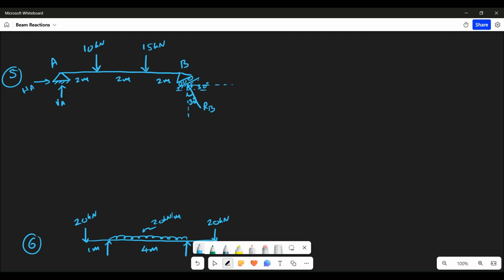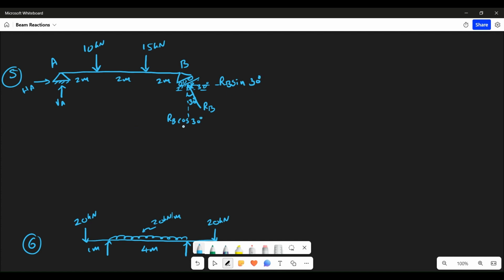One component is this vertical and the next is this horizontal. Now this is the adjacent side, so we will write this as RB cos of 30 degree. And this is the opposite side to the angle, so this will be your RB sine of 30 degree.